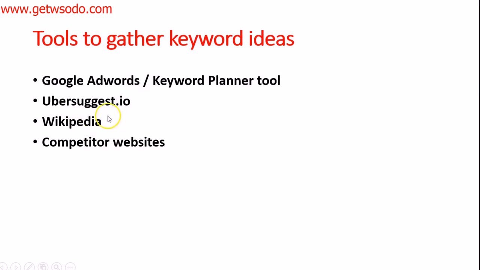Wikipedia, believe it or not, will give you some good keyword ideas. I shouldn't say rumor, but there is a sect of people, or maybe a sizable amount of evidence, showing that the Google algorithm actually is based off of the Wikipedia algorithm, or vice versa. So if you do some homework on Wikipedia for your keyword, you will find quite a bit of related keywords that you can use to put in your website.